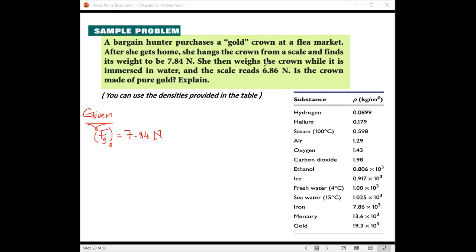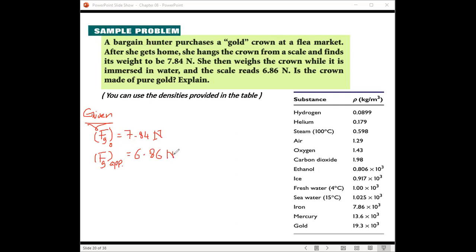Ahmed Yusuf, I said here, she weighs the crown while it is immersed in water. So this is the Fg apparent, which is the apparent weight. Very good. So the apparent weight is 6.86 newtons.